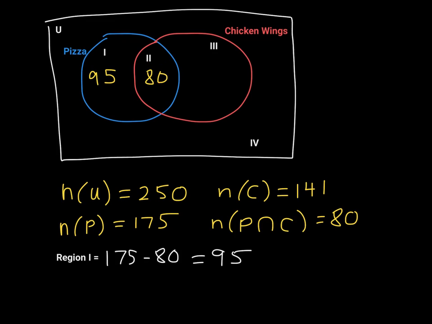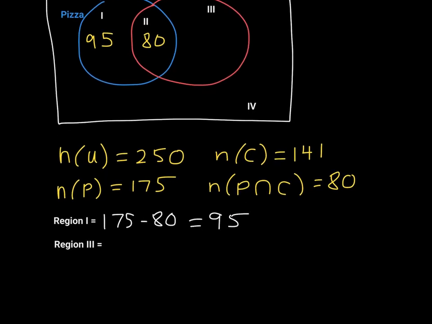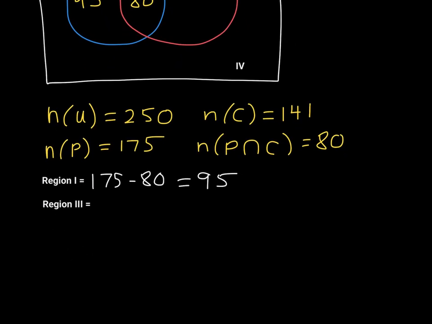We can use the same logic to find out how many people ordered chicken wings but not pizza. That's region 3. Let's do the same kind of logic.